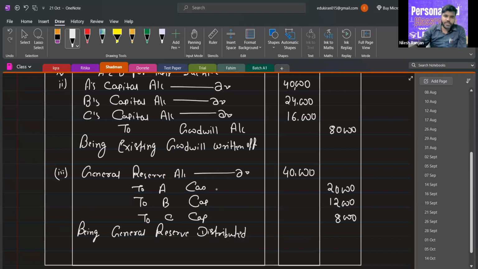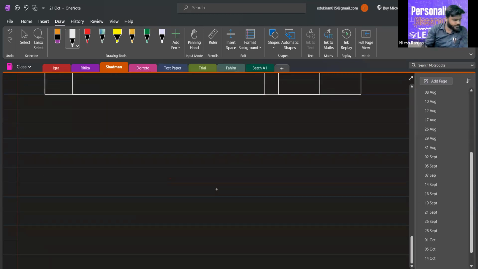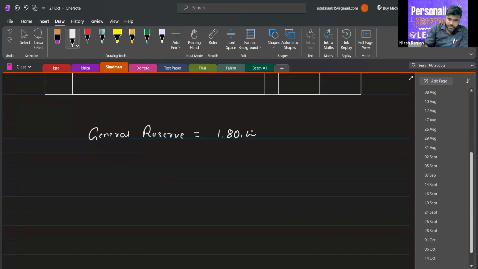What if there is a situation where general reserve is 1,80,000, profit and loss debit balance is 30,000, and workmen compensation fund or workmen compensation reserve is 24,000.